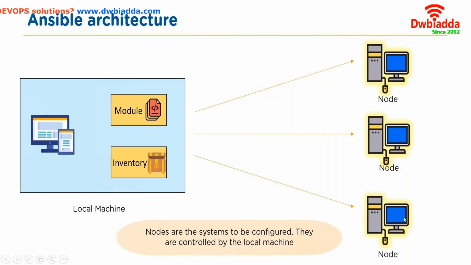They are controlled by the local machine. So here the nodes are the systems which are being configured with the help of this local machine. And here we have the modules and inventory, and according to the configuration of the modules and inventory, we are simply controlling the nodes and configuring the nodes according to our needs.